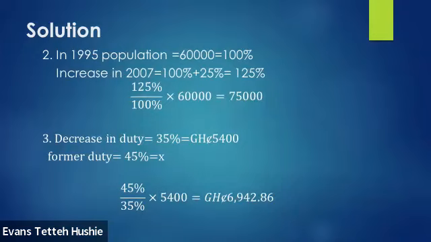Some also, having this 35, decided to find 100% of it. So if you get 100%, you calculate 45% of the 100% and you still get it. But this one is simple and fast.